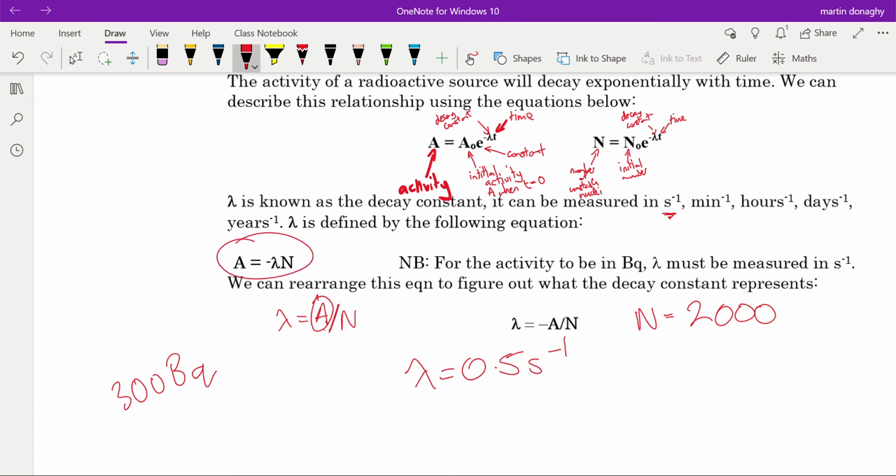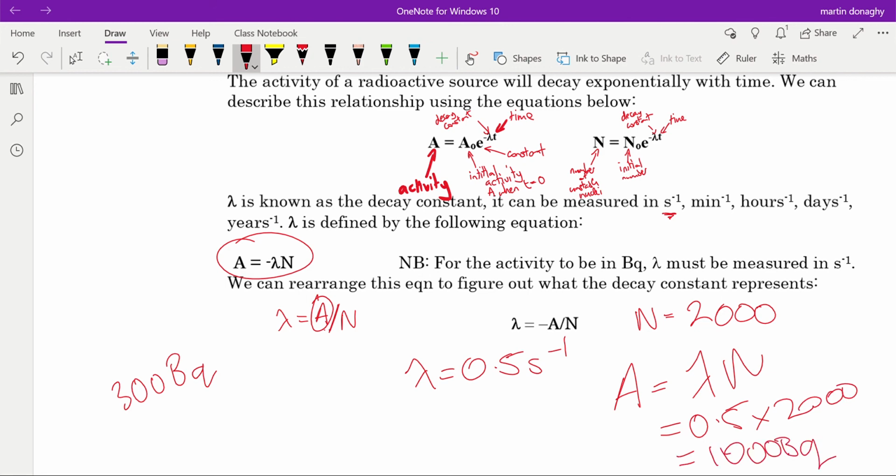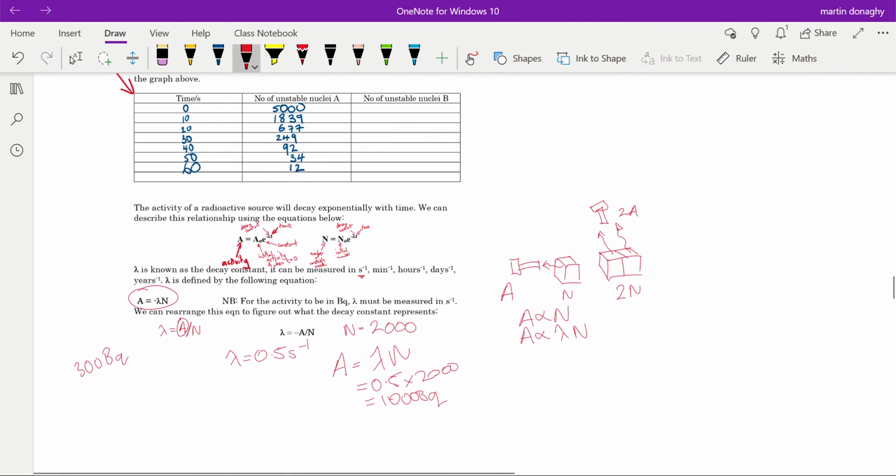You can kind of see what the lambda means. Activity is equal to lambda N, which is 0.5 times 2000, which will give us an activity of 1000 becquerels. So really you can think of this as the proportion of nuclei that we would expect to decay per second, or per hour or per day or whatever it is we've measured in.